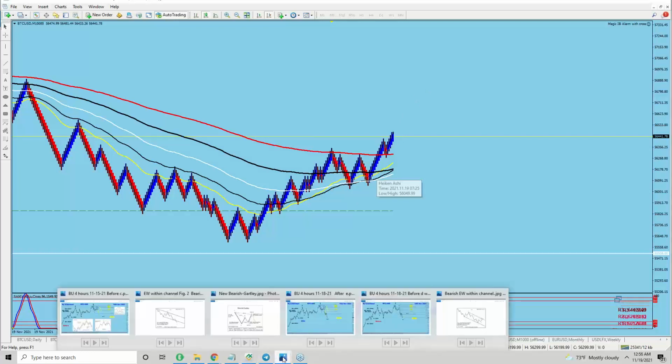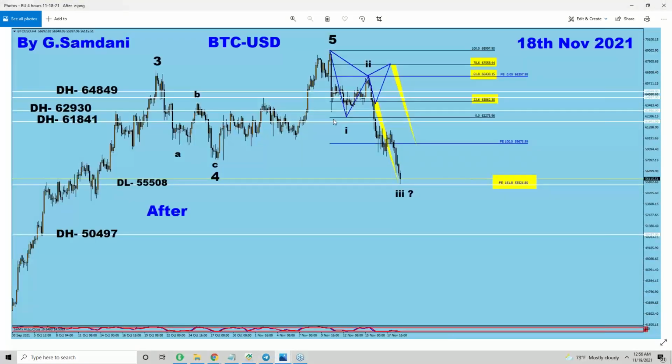So wave 1, wave 2, wave 3. Wave 1 and wave 2 didn't bother going and making a harmonic pattern, though it does so a lot of times. So you have to be ready for everything. If it would go to the upside, I will find my entry right here somewhere, get in, and then cash out here.